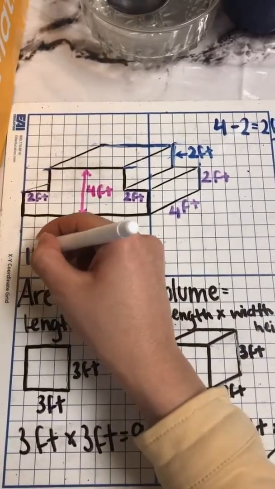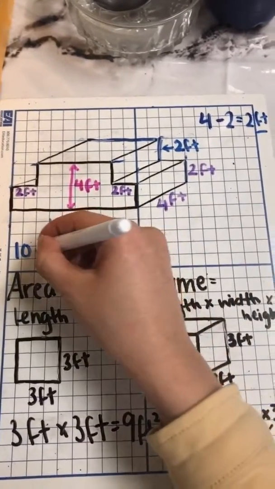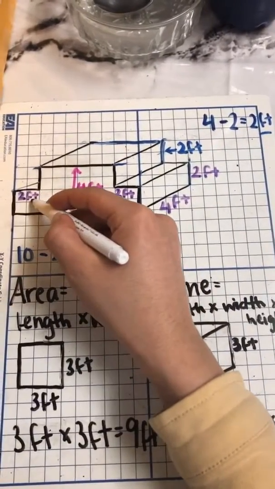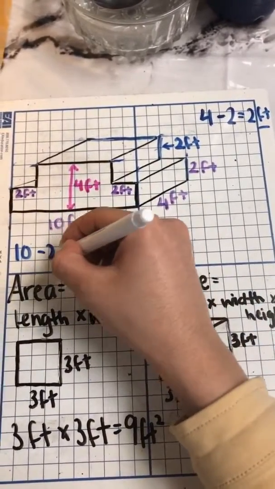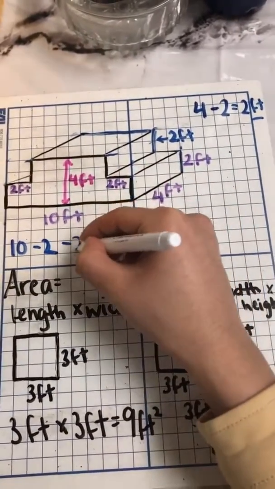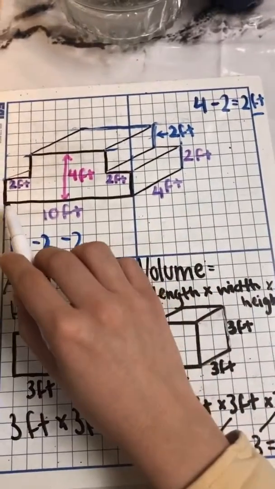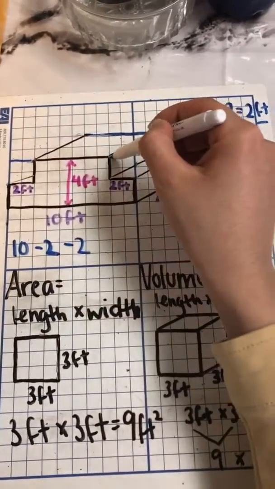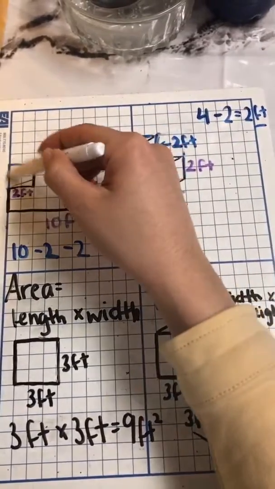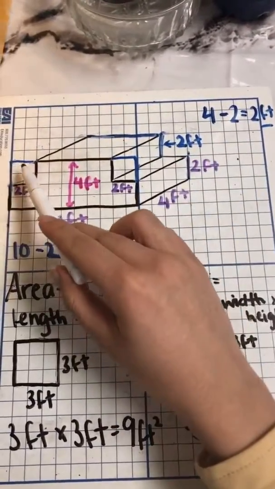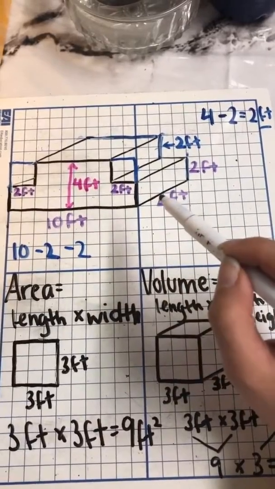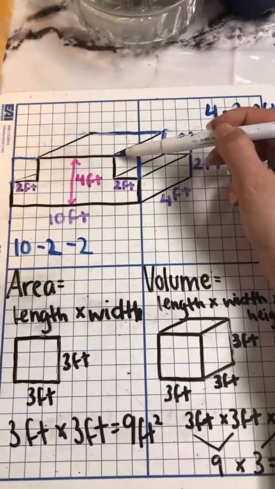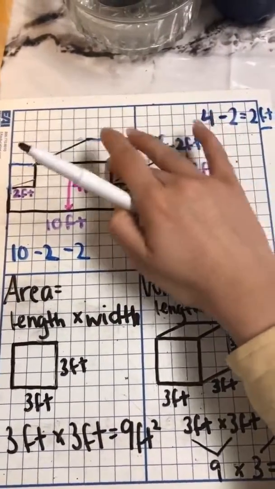So I can do 10 minus 2, we got that from here, minus the other 2. Remember, if I were to continue this line up to here, then I would have also had 10 on top. But I don't. These parts of the figure were removed.